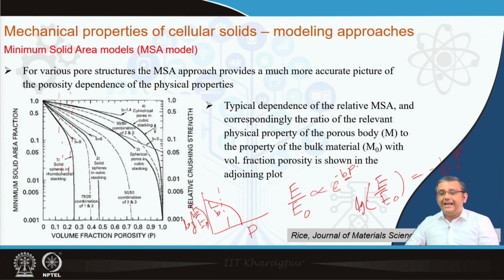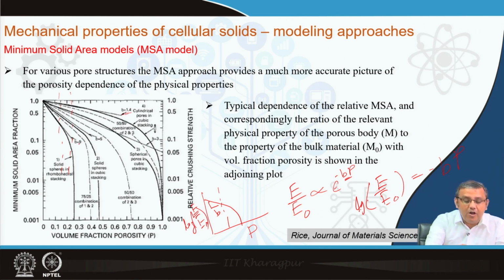This constant B depends on the pore shape and pore morphology, and it controls how strongly the pores reduce the property value. For example, in this case B is 1.4, whereas in this case B is 9.